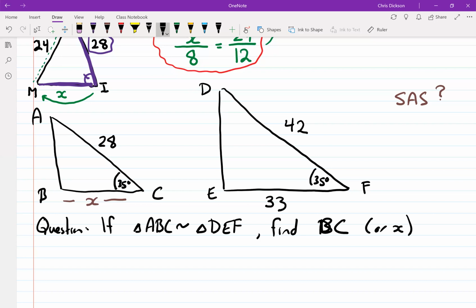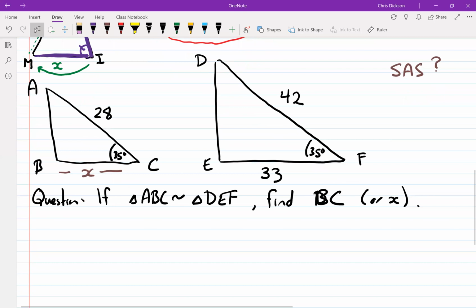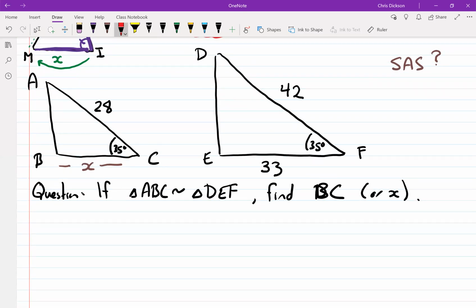Okay. So let's say you were told they're similar now. Well, if they're similar, then what that means is the corresponding letters have to kind of match up here. So that means A and D are corresponding, B and E are corresponding, and C and F are corresponding to each other. So that means they're related to each other.